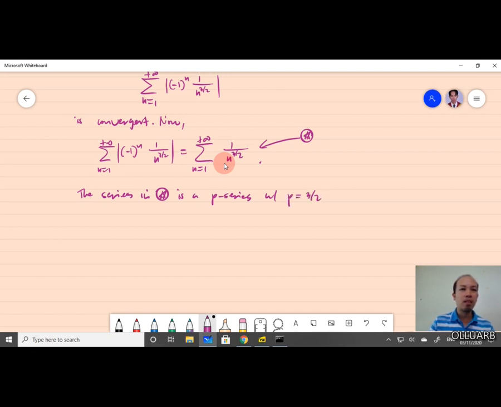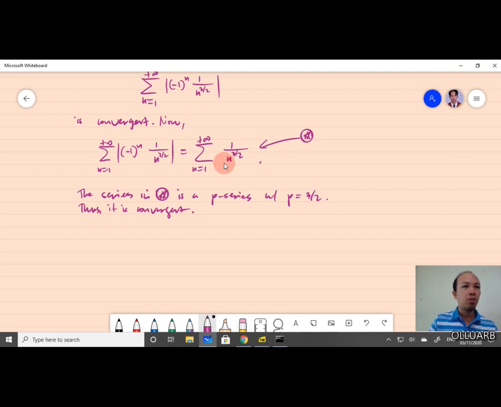Therefore, it is convergent. So we show that the series with the absolute value sign is convergent.